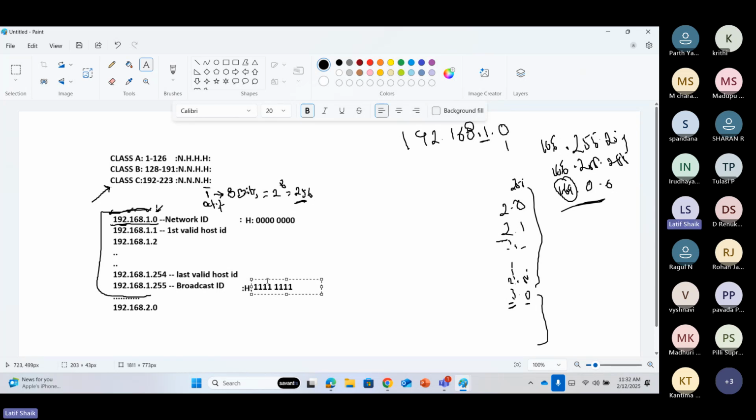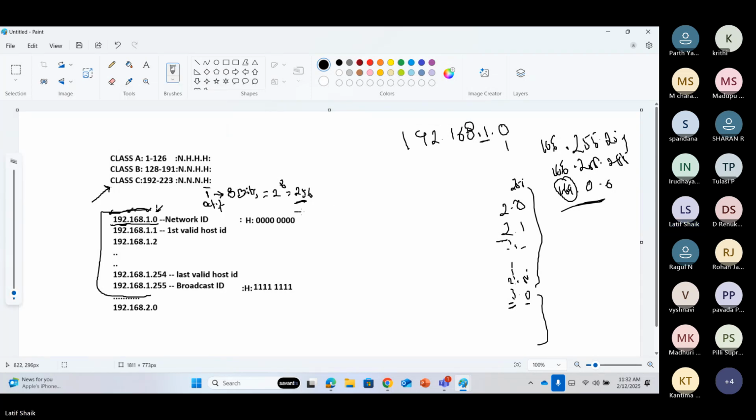I'm taking a long time on this one, and it may make more confusion for you. So this is totally 256 IP addresses, from 0 to 255.